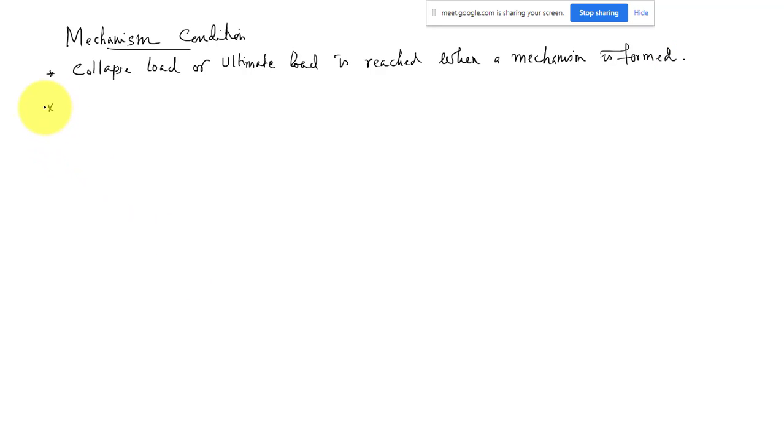So how many plastic hinges are required to form a mechanism? The number of plastic hinges required to form the mechanism.